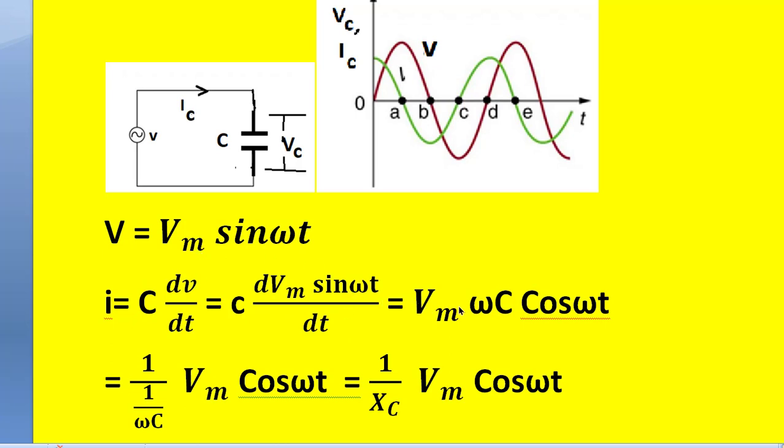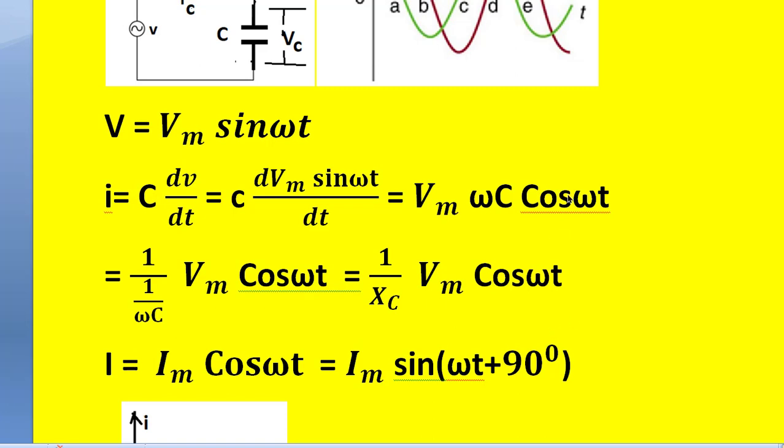Once we differentiate it, we get Vm omega into C into cos omega t. So this omega C we can write like this: 1 divided by 1 by omega C, into Vm cos omega t.